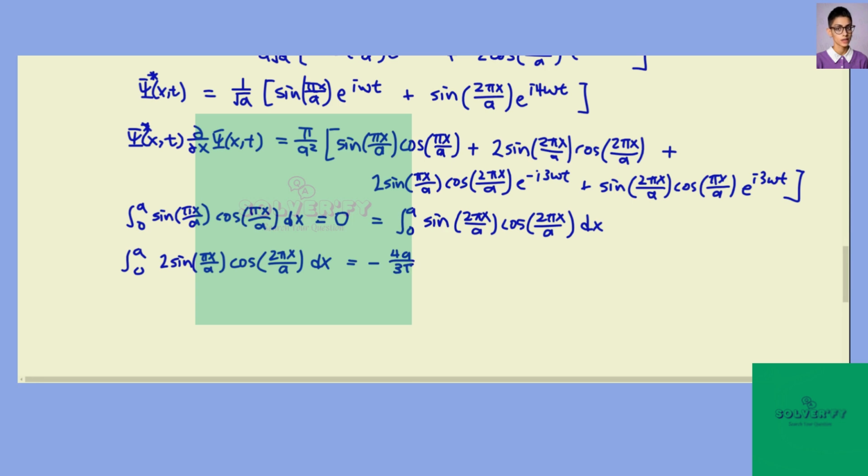And then if you do the other one, 0 to a, sine 2 pi x over a cosine pi x over a dx, this gives you 4a over 3 pi.